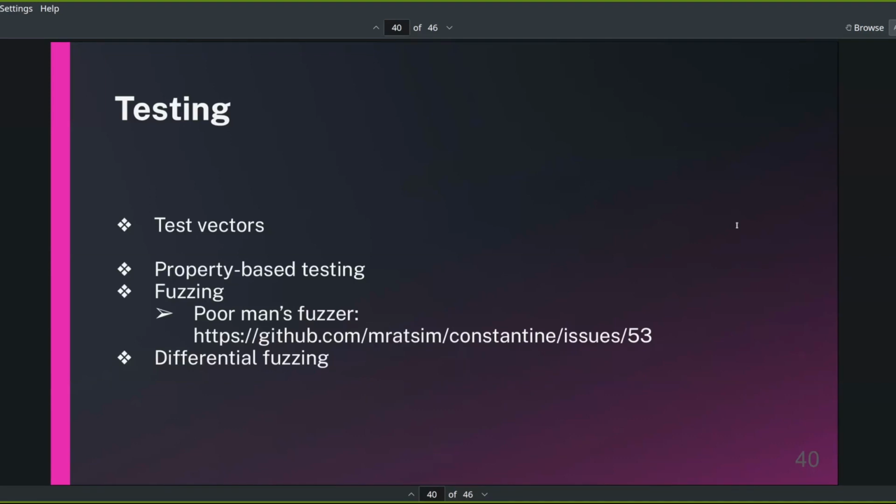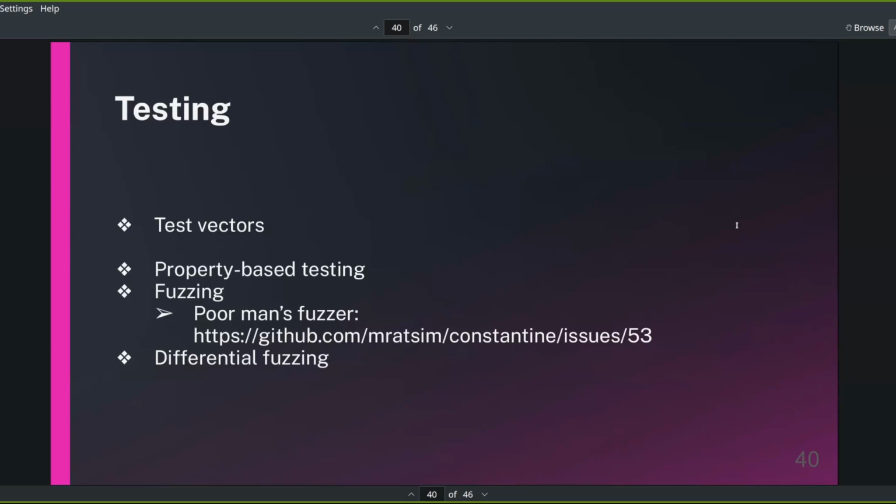So my poor man's fuzzer is something that I've reused from Bitcoin's secp256k1 crypto library. It tends to create lots of 0s or lots of 1s in a row in any numbers. The reason is that those tend to create carries or borrows when you do additions, or overflows when you do anything else. And that's where bugs are hidden.